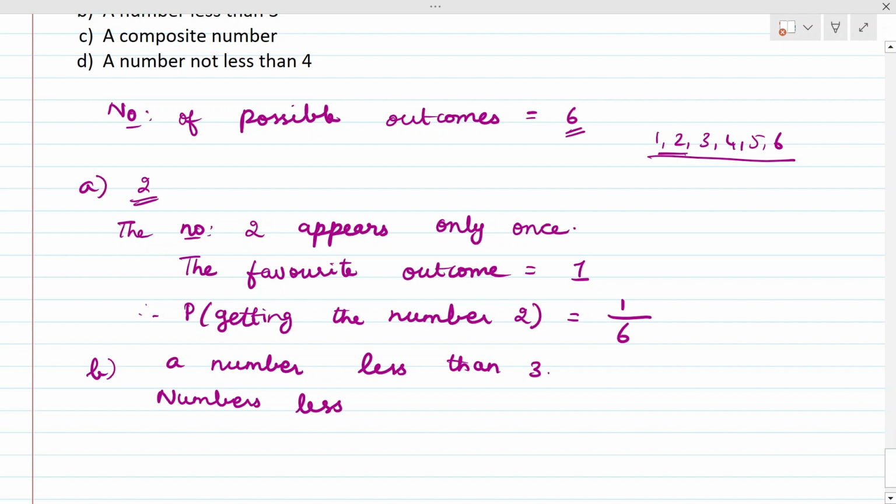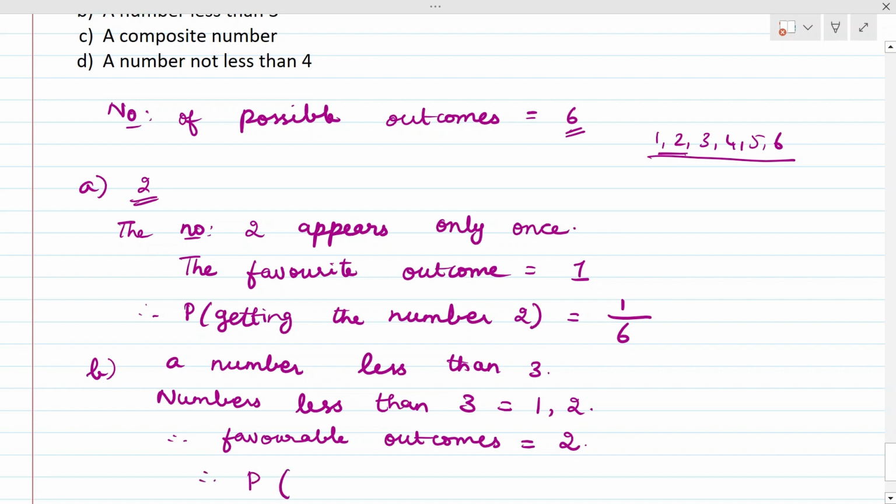Numbers less than 3 are 1 and 2, only these two. Therefore, the number of favorable outcomes is 2.